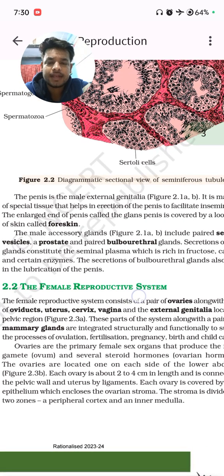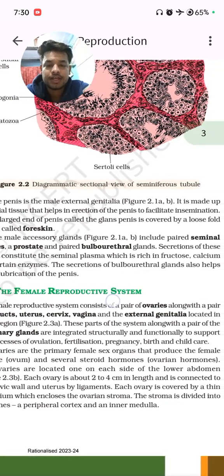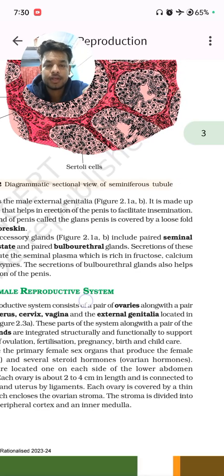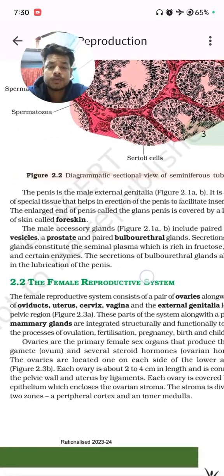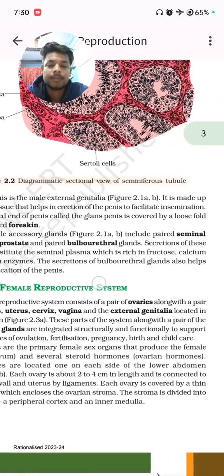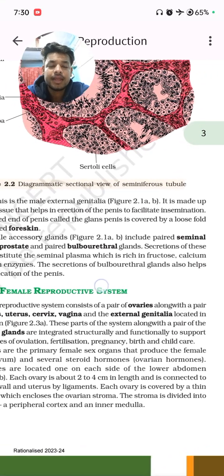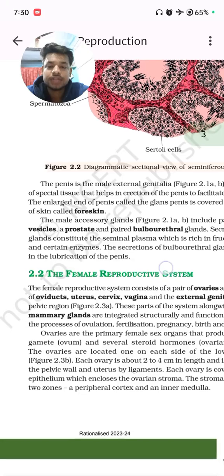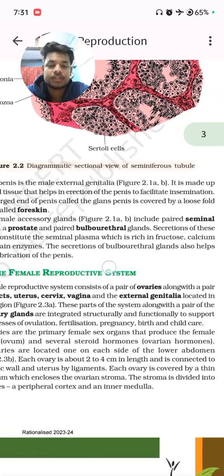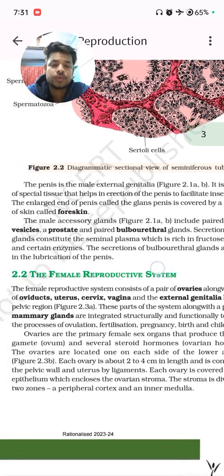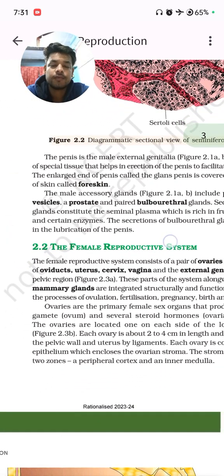The penis is the male external genitalia, Figure 2.1a and b. It is made up of special tissue that helps in erection of the penis to facilitate insemination. The enlarged end of the penis, called the glans penis, is covered by a loose fold of skin called foreskin.